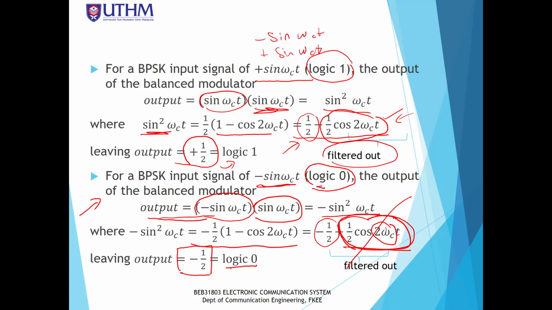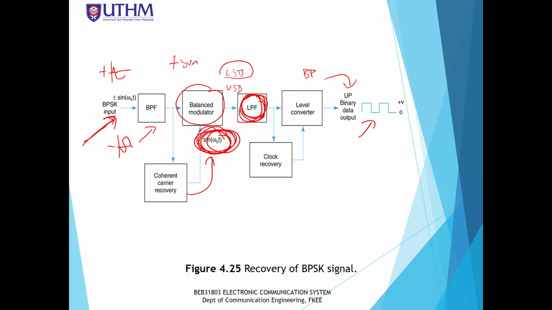So in this case, the receiver decodes correctly and produces logic 0. This was asked a long time ago in tests and the final exam, where students need to find the equations.